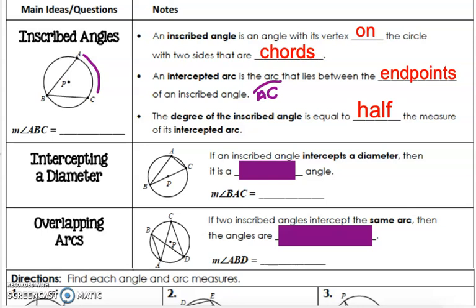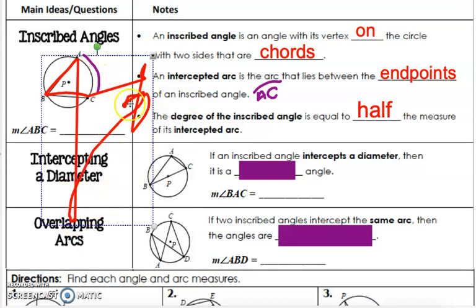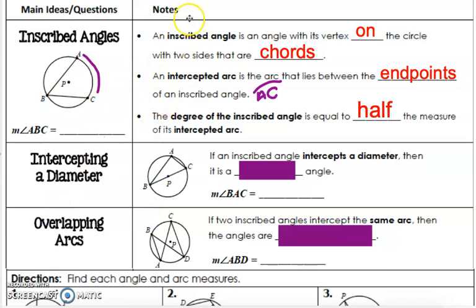So the measure of angle ABC is going to equal 1/2 the measure of arc AC. If this arc is 50 degrees, then you can halve it to find this inscribed angle to get 25 degrees.